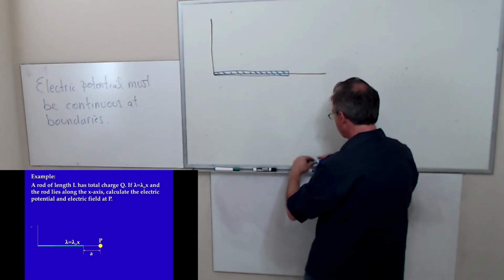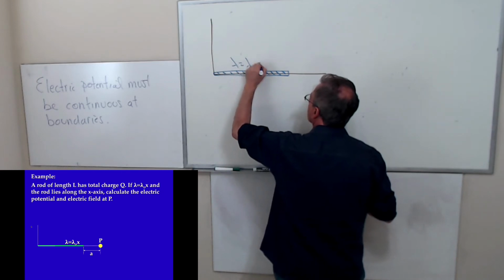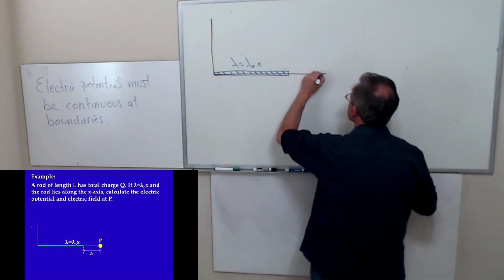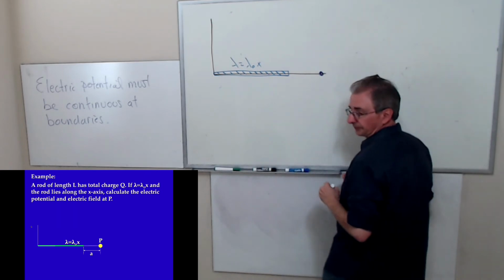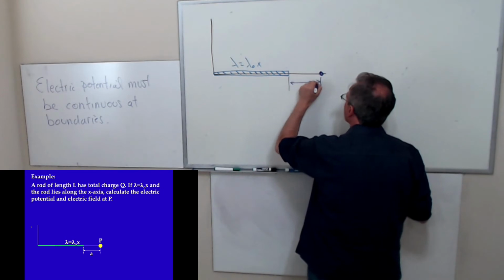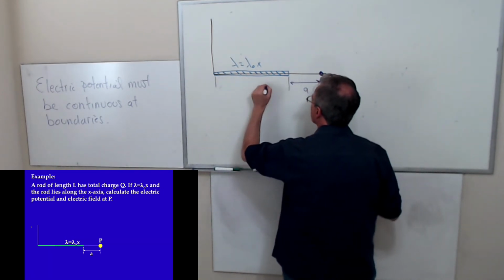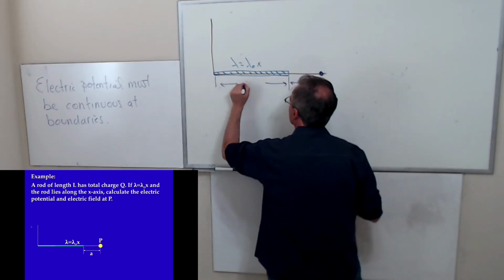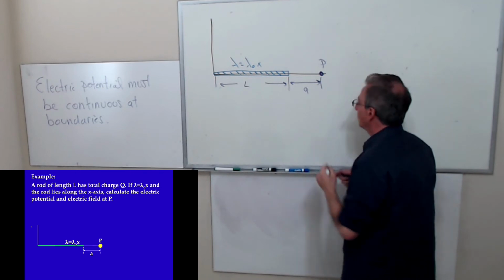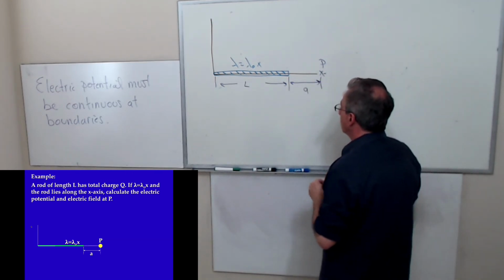It has non-uniform charge density. We want to find the electric potential at this point, which is a distance A from the edge. This distance is L, and this is point P. I guess I should make it X.